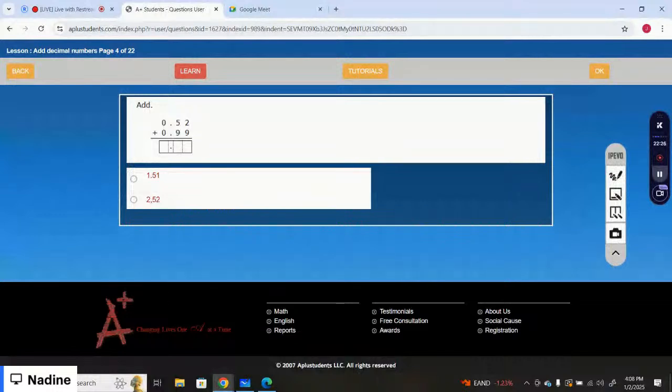Add 0.52 plus 0.99, which is the correct option?